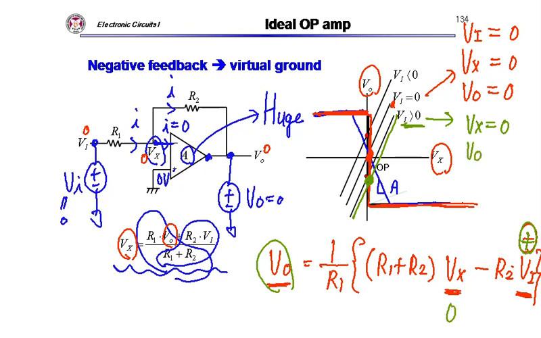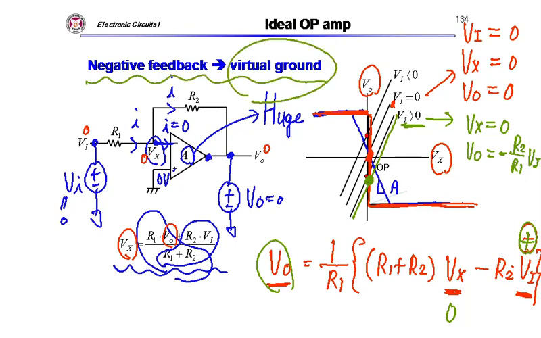I know Vx equals 0, so my Vo should be minus R2 over R1 times Vi, right? So my Vo is negative, okay? Anyway, because of negative feedback, it's a virtual ground. So virtual ground requires negative feedback.